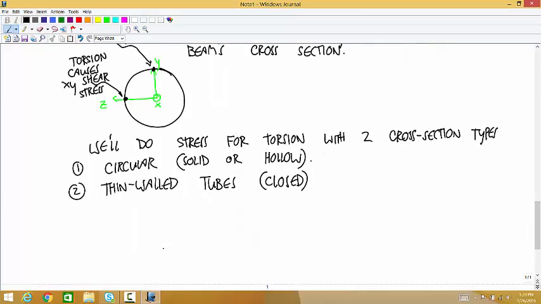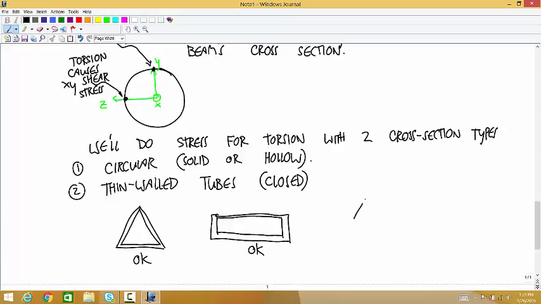So we can do stresses in a cross-section like this. Or like this, and the thicknesses don't have to be the same. You could have it thin on top, fat on the sides, in between on the bottom. Those are both okay.